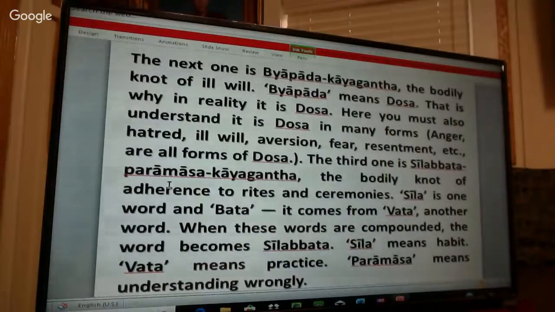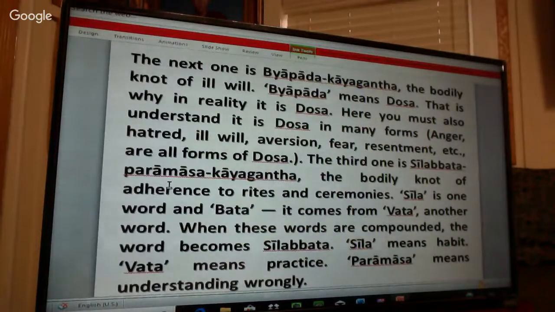Sorrow is also dosa. Depression, stress, many negative emotions we call dosa here.